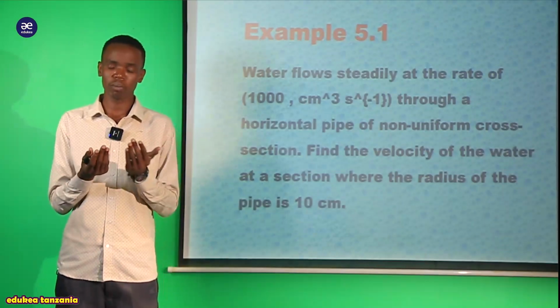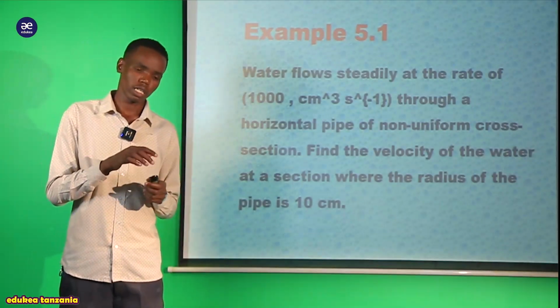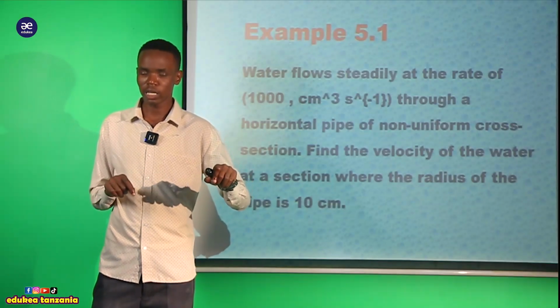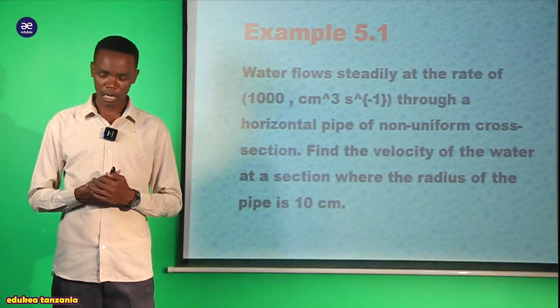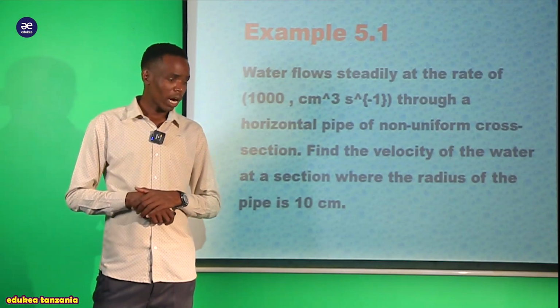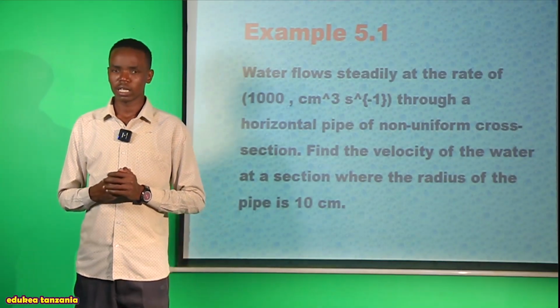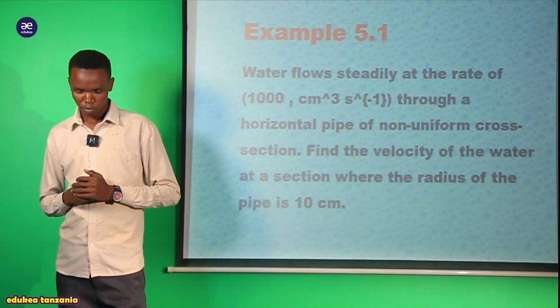It means tuna pipe yetu ambayo imeplaced horizontally. Sasa kiasi cha maji kina flow kutoka kwenye one end kwenda kwenye other end. This is what we have been given. So how can we get the velocity, my dear student?